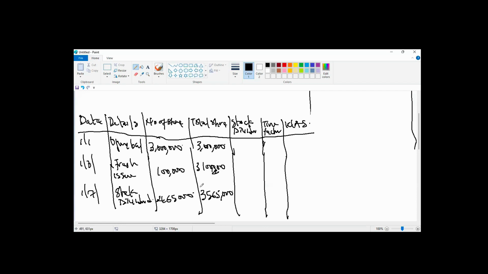That is it. Stock dividend must be given to who? Existing shareholders. That's the end. Is there any other thing there?